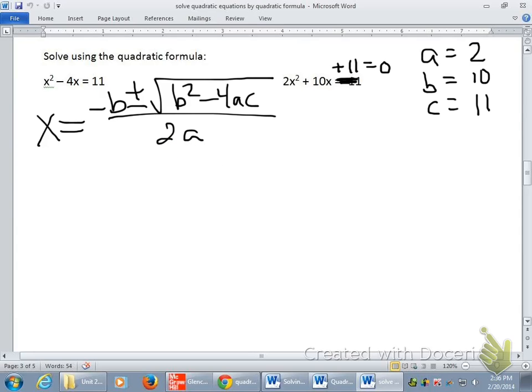Fill in the blanks. X equals opposite b. What is that going to be? Opposite of 10 is negative 10, right? All right.